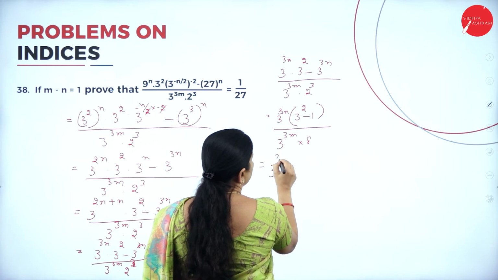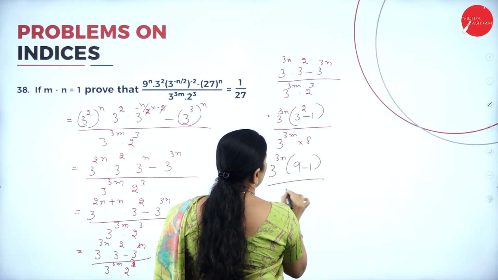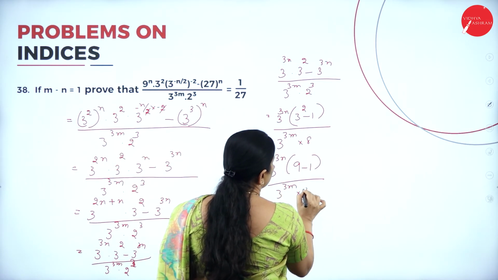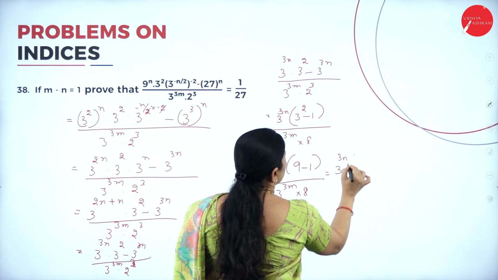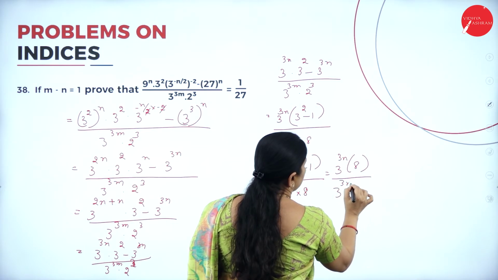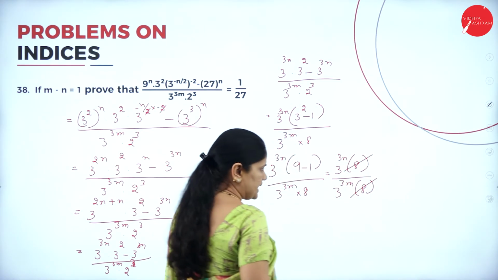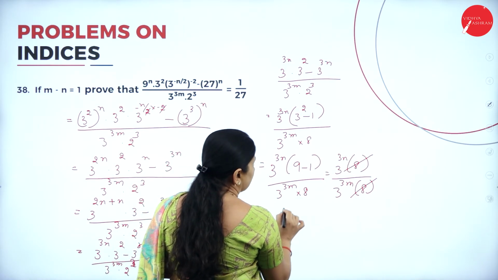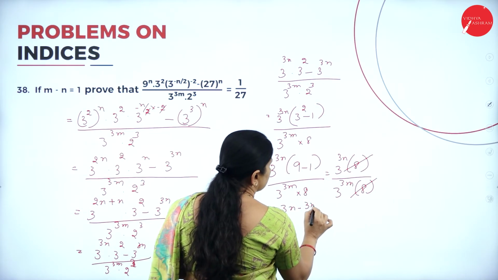So 3 to the power of 3n into 9 minus 1 over 3 to the power of 3m into 8. So this will be equal to 3 to the power of 3n by 8, 3 to the power of 3m by 8. Now 8 and 8 get cancelled. So in the next step, I will write 3 to the power of 3n minus 3m.